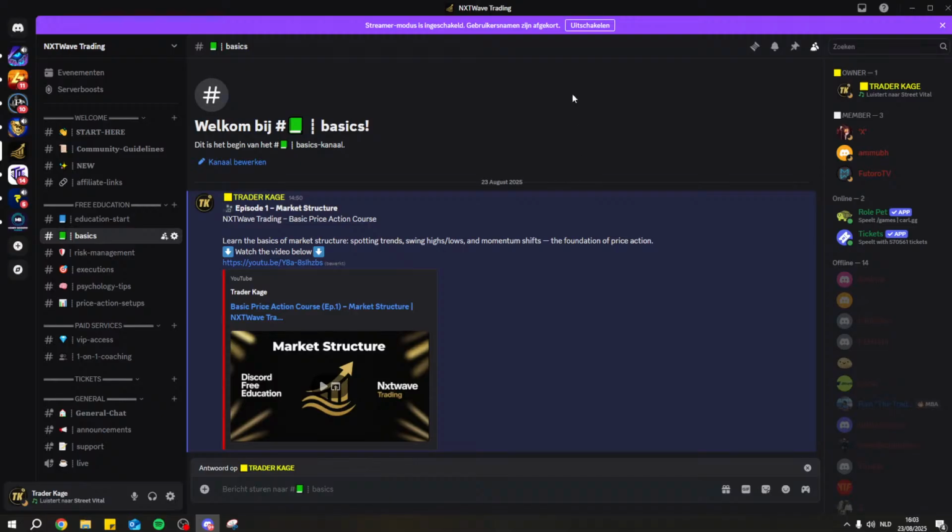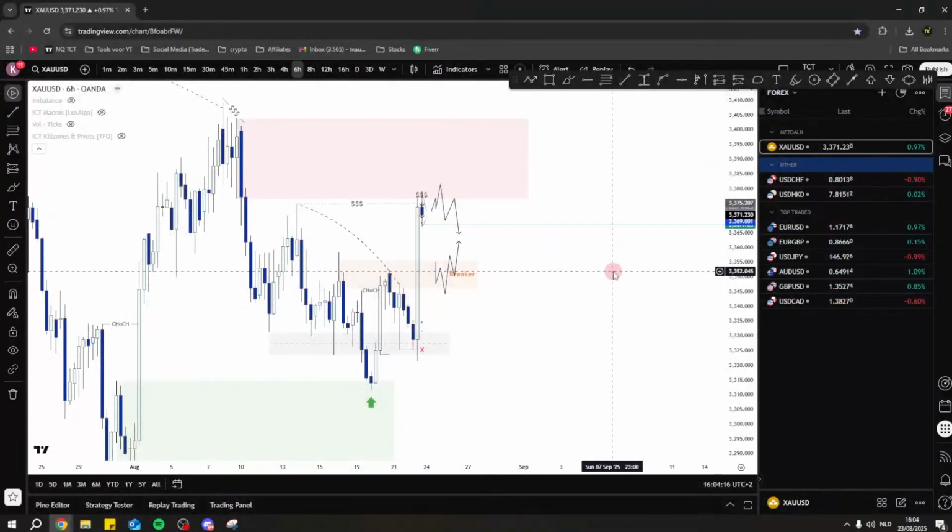This is based on pure price action. This is not based on retail patterns. This is based on market structure, supply and demand, liquidity, and range trading, the 4 key concepts you need to know for price action trading.